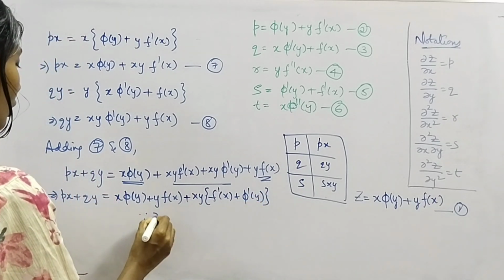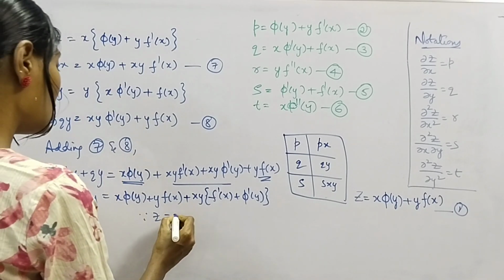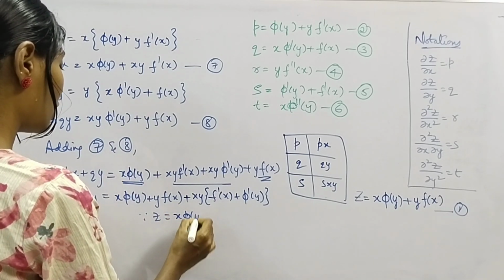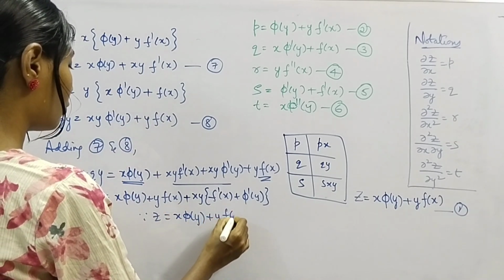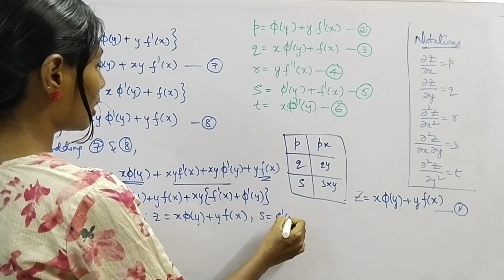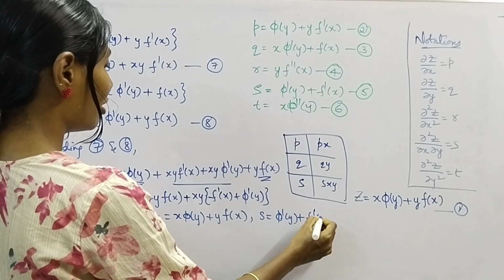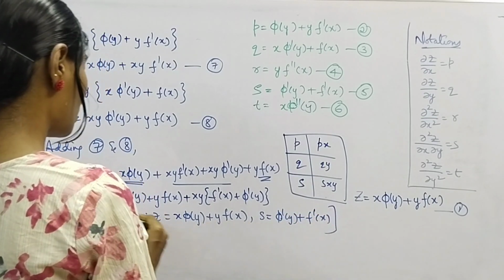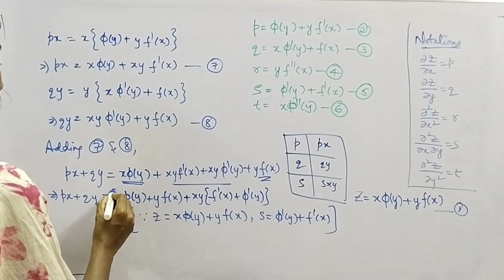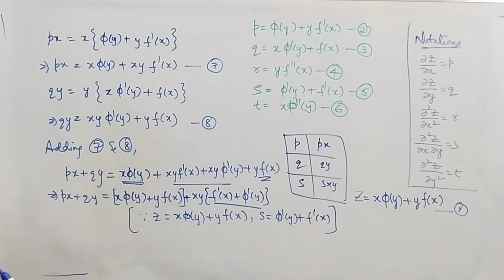Since we have z equal to x into phi of y plus y into f of x, and s equal to phi dash of y plus f dash of x, we can just replace the first two terms by z and this term by s.